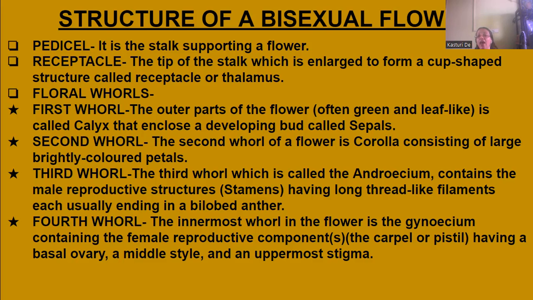And the uppermost part of the style is slightly thickened. Sometimes it's hairy, feathery, and sticky also, and is known as the stigma, which will receive the pollen grains. The pollen grains are received by the stigma, and they form the pollen tube inside the style to reach the ovary to get fertilized and form a fruit.